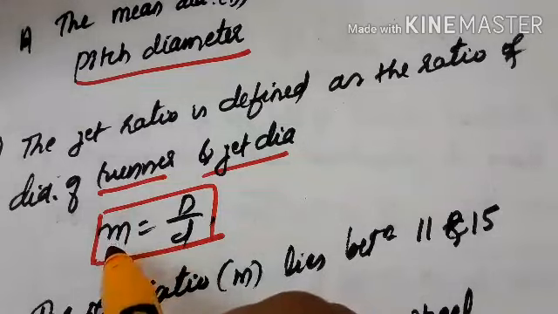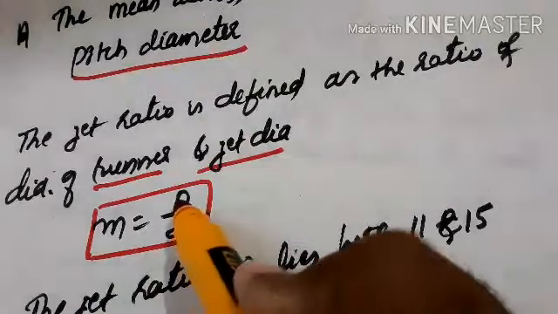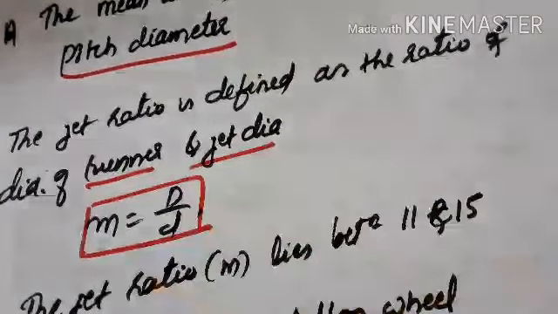Then the next parameter to be calculated is the jet ratio, which is defined as the ratio of the diameter of the runner to the jet diameter. This one is the jet ratio. M is the symbol used for the jet ratio, the ratio between the runner diameter and the jet diameter.